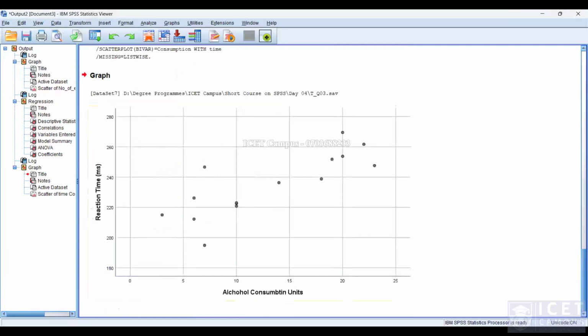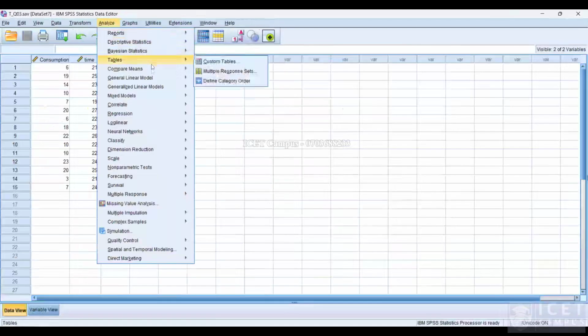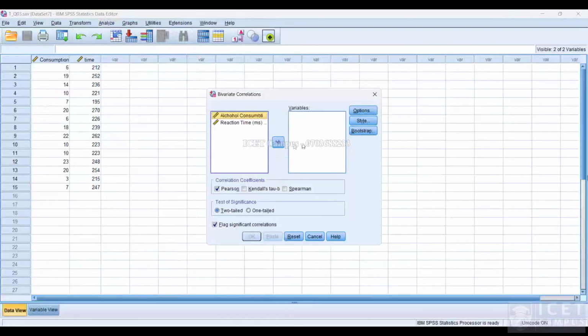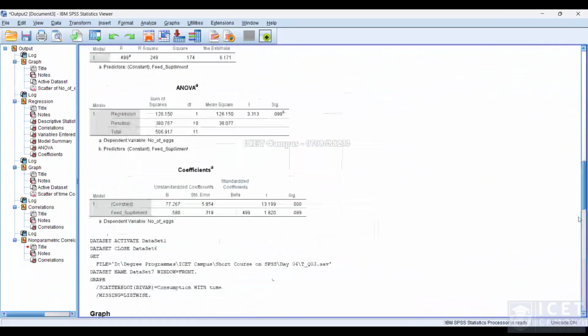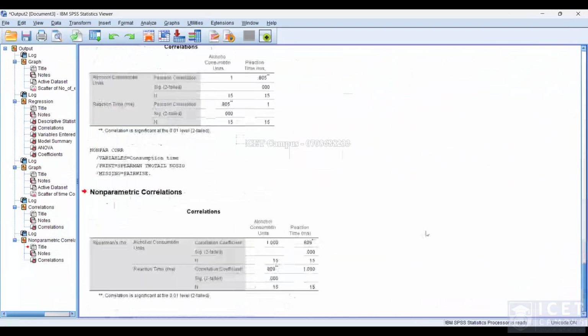Then we can go to Analyze, Correlate, Bivariate, because we need to find the correlation between alcohol consumption and reaction time. It is mentioned to find both Spearman and Pearson correlations, right? So then we can find the correlations.